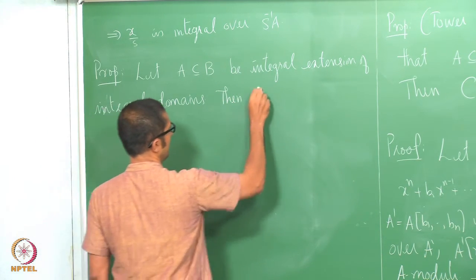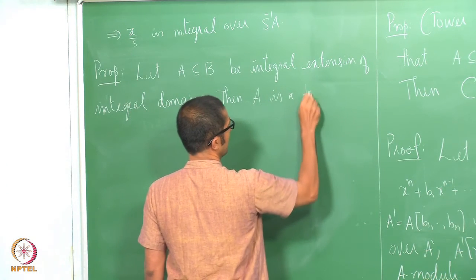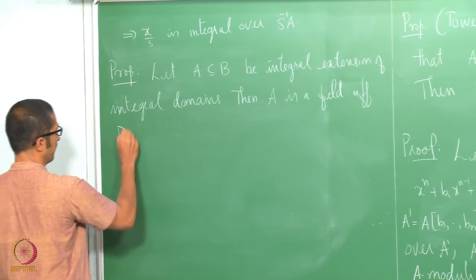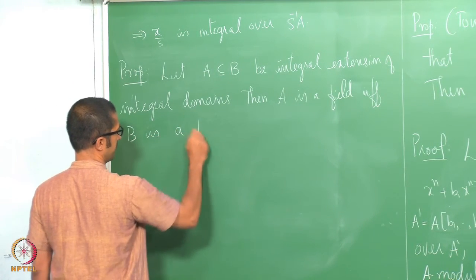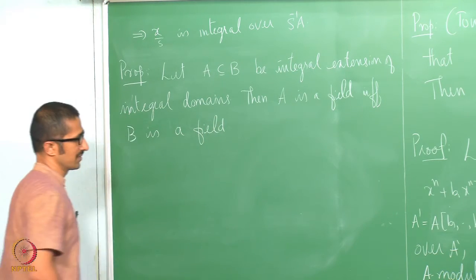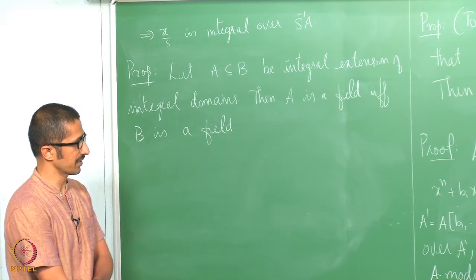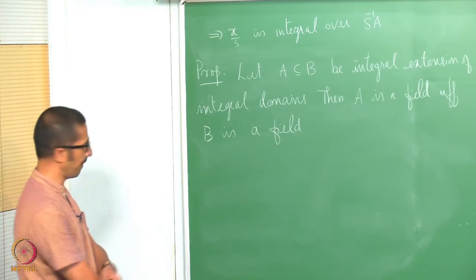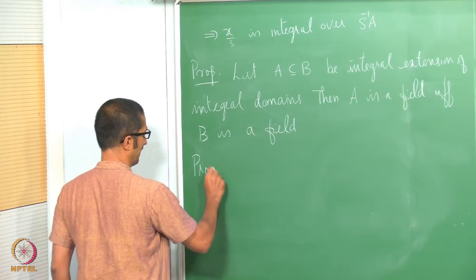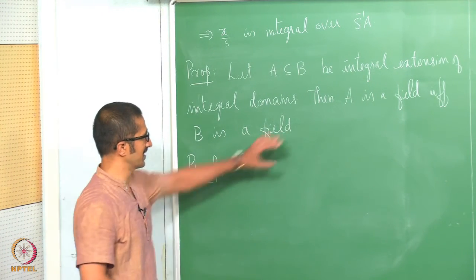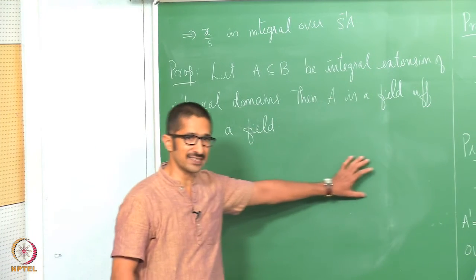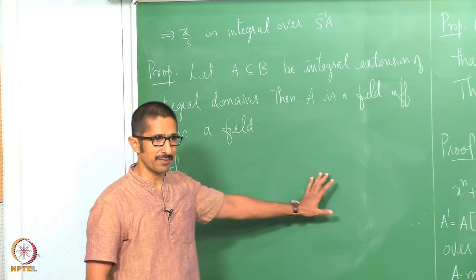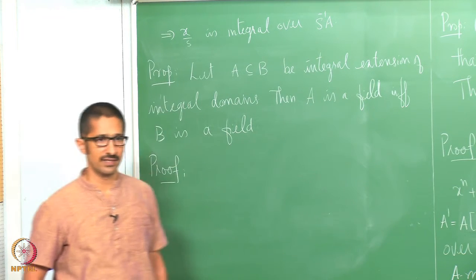Then A is a field if and only if B is a field. Well, this is not a direct application of the earlier proposition, but it is an important result in this direction. So, what this says is that if I have an integral extension of integral domains, either both can be fields or neither of them is a field.